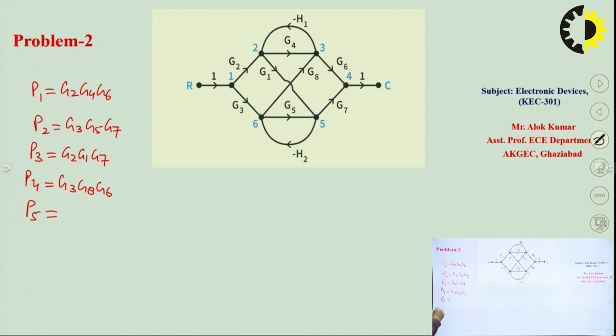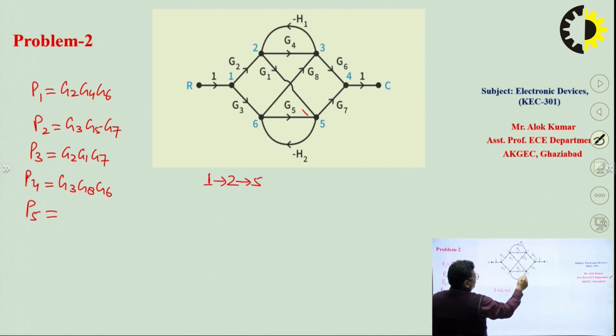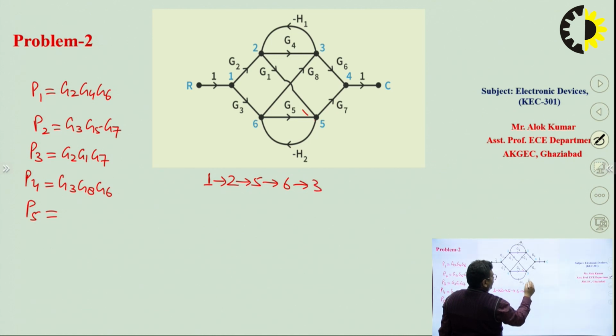So next, forward path P5 will be, if we go from node 1 to node 2, node 2 to node 5, then node 5 to node 6 using this feedback path, and then node 6 to node 3 and then node 4.